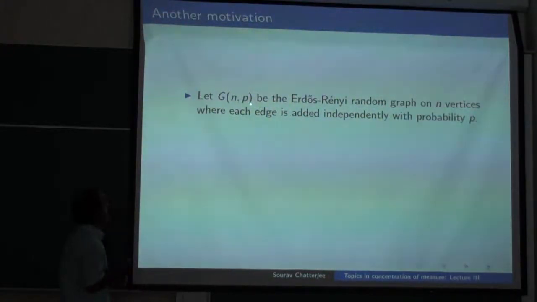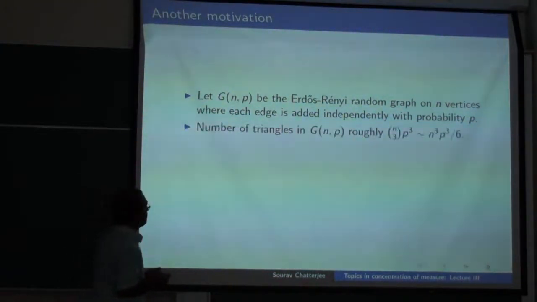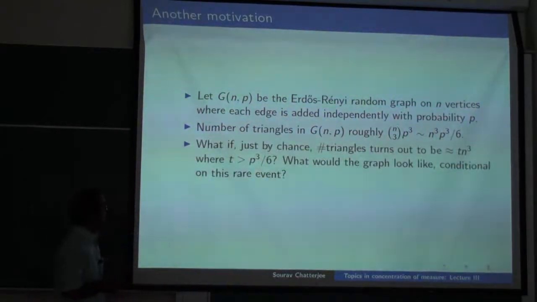Okay. Another motivation from a probabilist's point of view: let G(n,p) be the Erdős–Rényi random graph on n vertices. So each edge is present or absent with probability p. And the number of triangles in G(n,p), we discussed this a little bit in the first lecture, is roughly n choose 3 times p cubed. And you ask a conditional question.